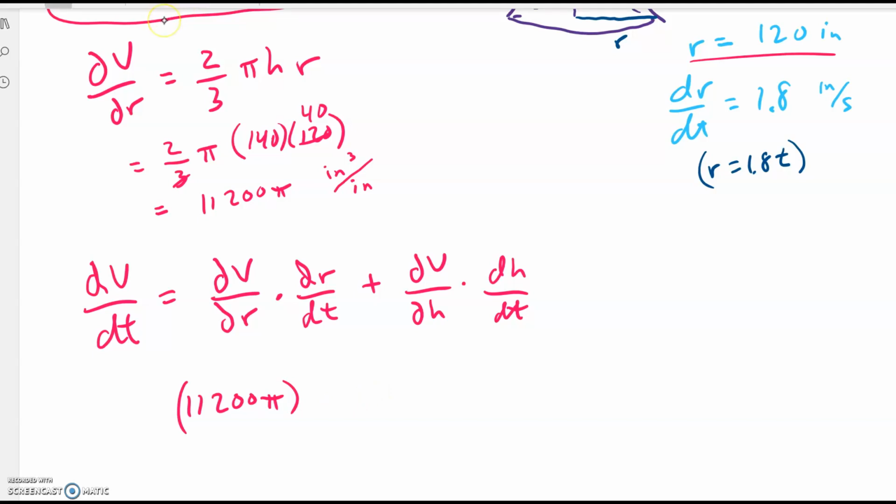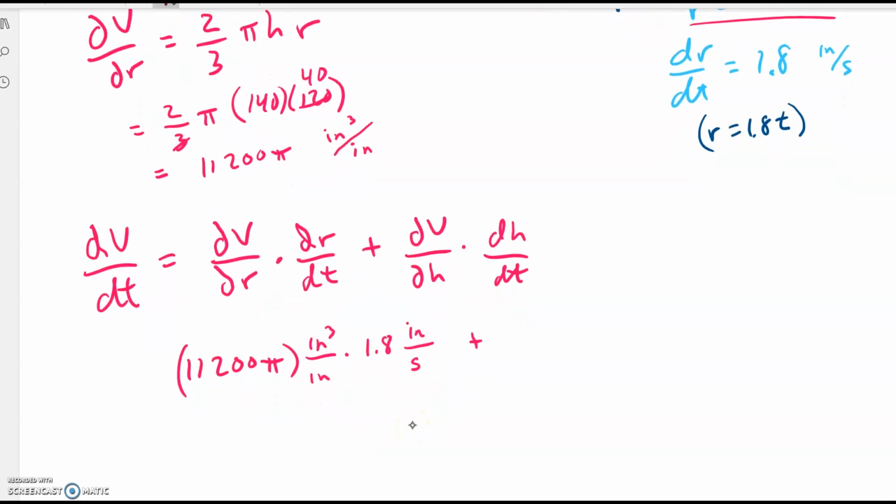So this is cubic inches of volume per inch of radius times 1.8 inches of radius per second. And so you can see the inches will cancel, and you have cubic inches per second. All right, and we'll compute that later, but for now I'll just leave it in there.